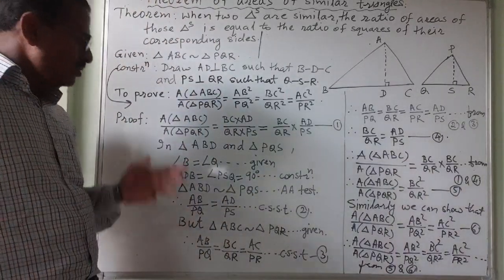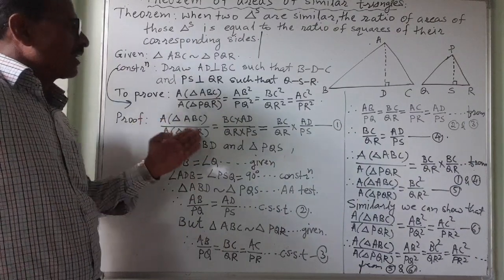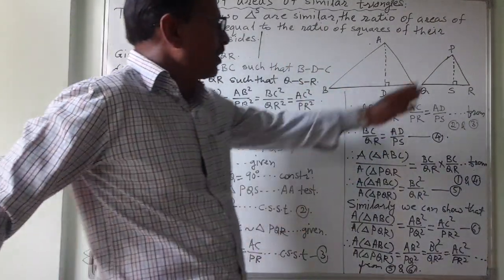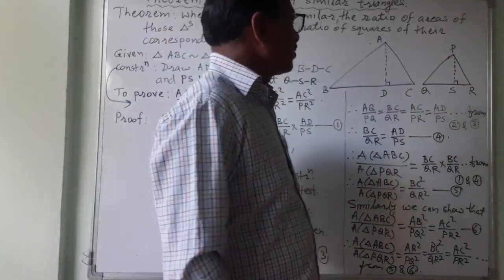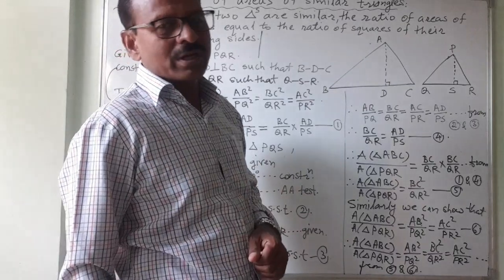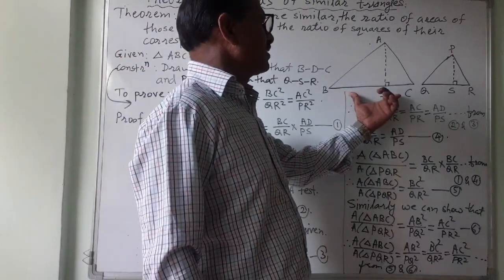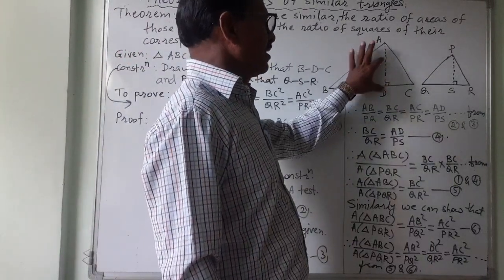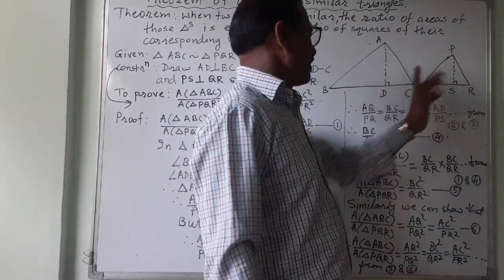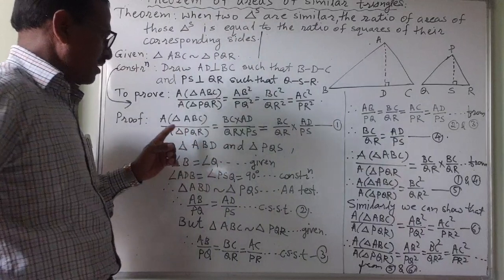Now, using that property, area of triangle ABC upon area of triangle PQR is equal to the ratio of the product of their corresponding bases and heights. Base of this is BC, height is AD, means BC into AD upon QR into PS. That is what is written here.